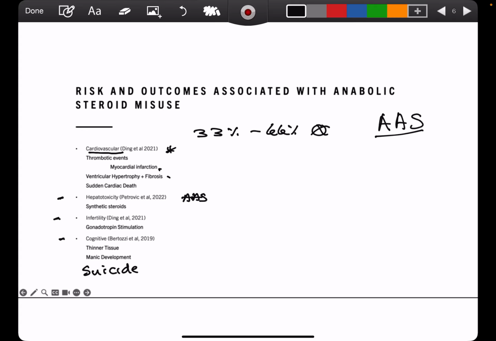The hepatotoxicity is essentially derived from these AASs because they're man-made. They're made to bypass liver metabolism on first pass, and this first pass inhibits respiratory chain complexes 1 and 3, which leads to an increase in reactive oxidative species, ultimately leading to cell apoptosis.